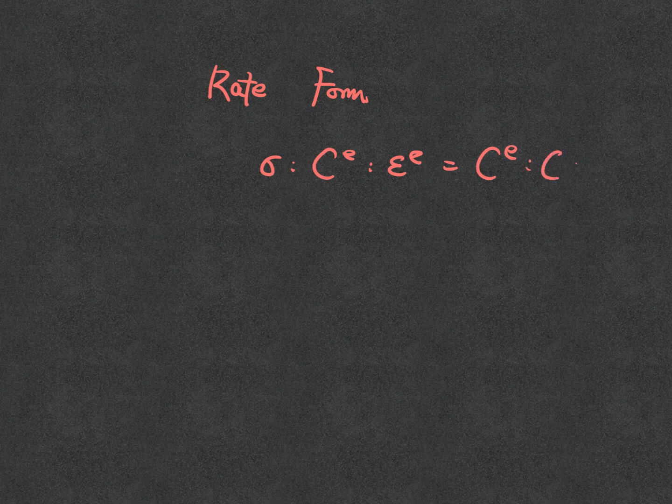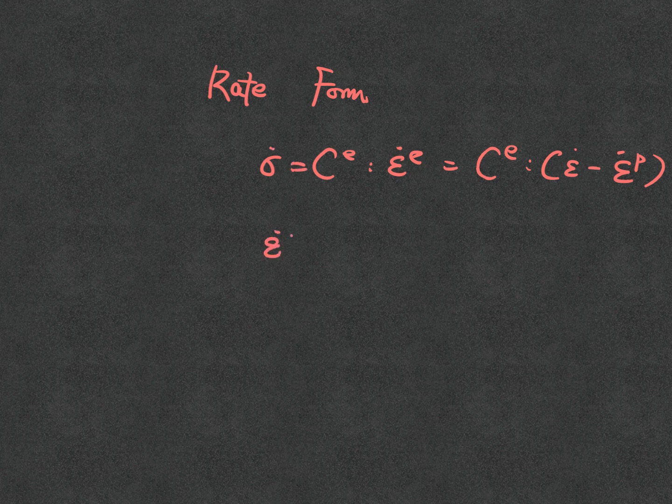So let's recall what happens in small deformations. I would have sigma equal to C^E double dot epsilon^E, which equals C^E double dot epsilon minus epsilon^P. Does that make sense?